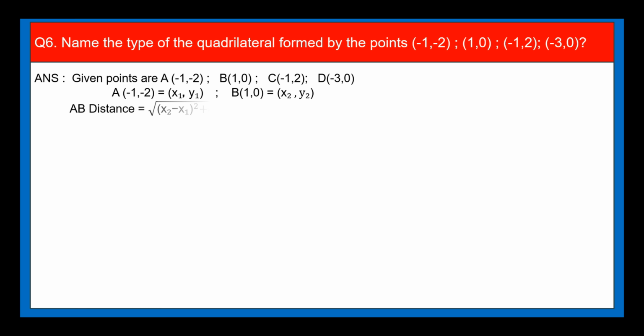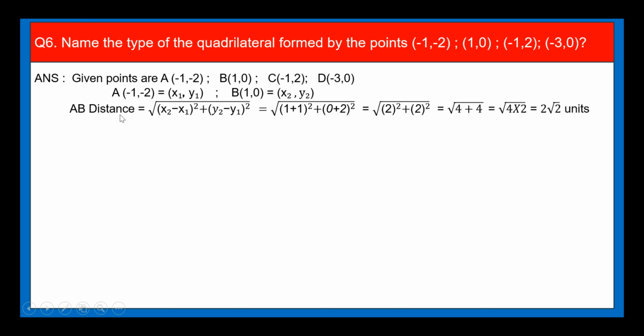The distance AB is the square root of (x2 minus x1) whole square plus (y2 minus y1) whole square. x2 minus x1 means 1 minus of -1, which is +1, so (1 plus 1) whole square, plus (y2 minus y1) whole square. The y2 value is 0 and the y1 value is -2. Since it is y2 minus y1, 0 minus of -2 will be +2, whole square.